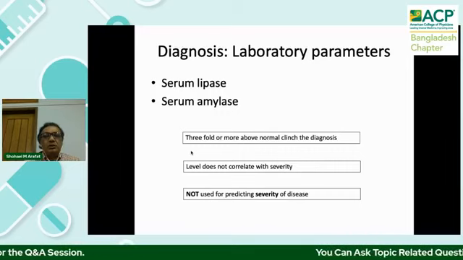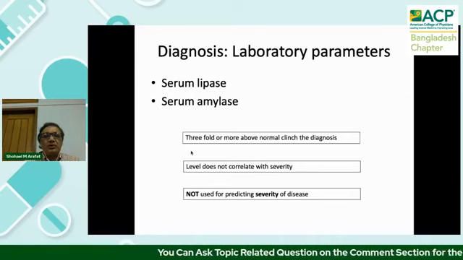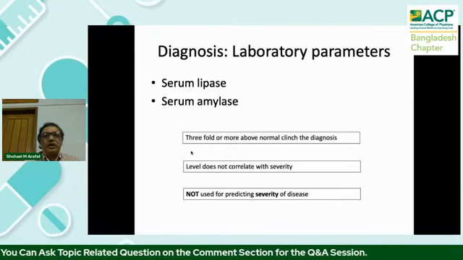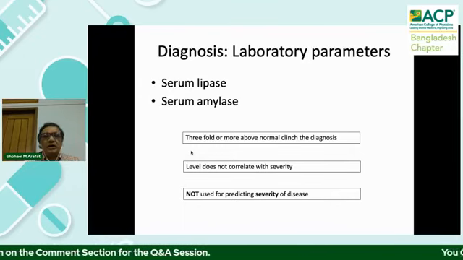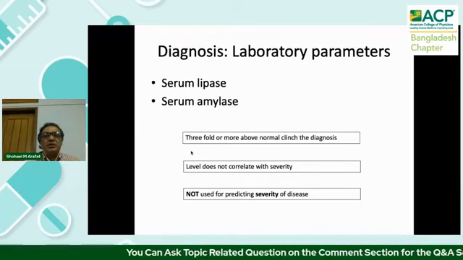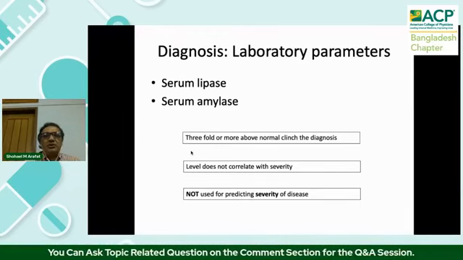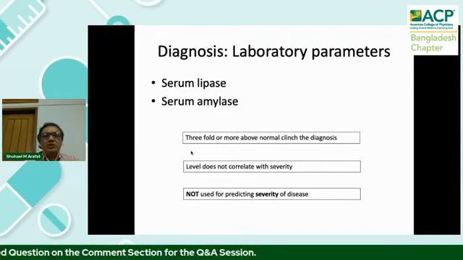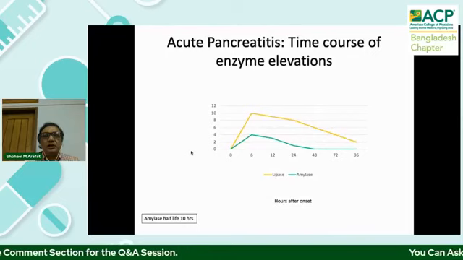Among these two enzymes commonly done in our practice, as I've already said, more than 3 times is the threshold. But if it is 6, 7 or 8 times, that doesn't make any sense in assessing severity. In other words, the level of lipase and amylase should not be taken as a measure of the severity of the disease. If it is more than 3 times, it is good enough to make the diagnosis, but it is not a tool to assess severity.